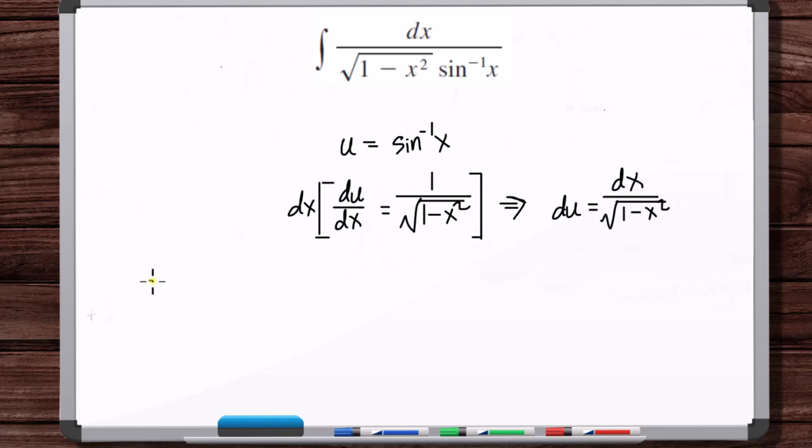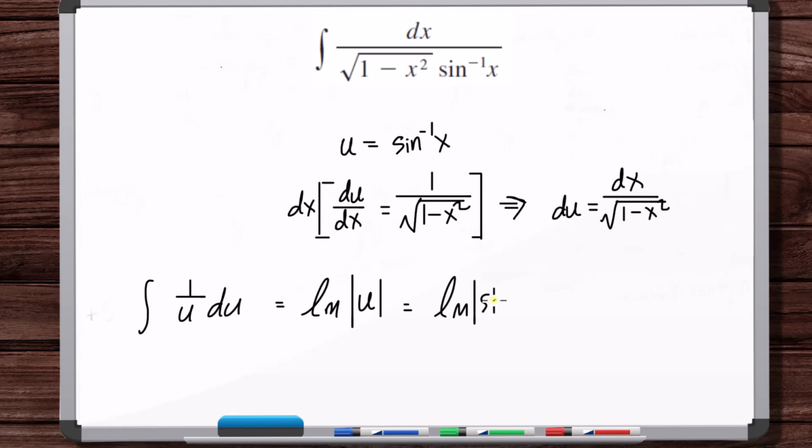Okay, so making the substitution, we've got 1 over u du. Natural log of the absolute value of u. So this is natural log of the absolute value of inverse sine of x. Well, yeah, and then plus c.